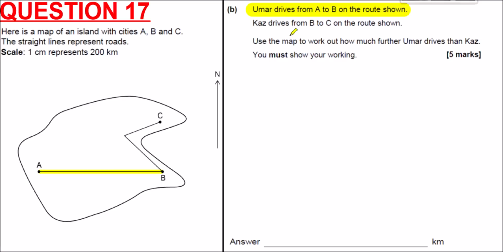Whereas Kaz is going from B to C. Now from B to C is this zigzag route. So you start at B, go up until we get to that point, turn a sharp right, and go straight line towards C. So we need to use this map to work out how much further Umar drives than Kaz and show our working while we're at it.